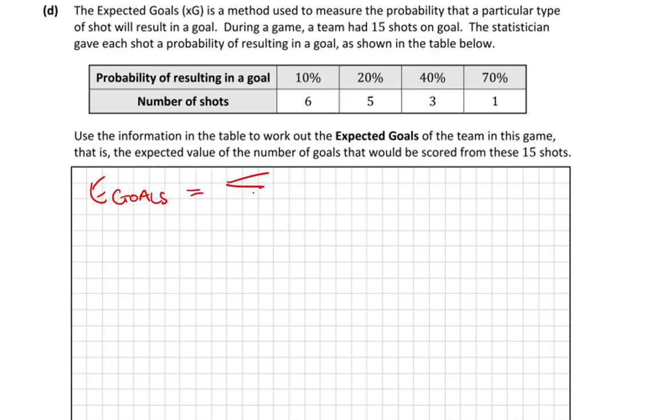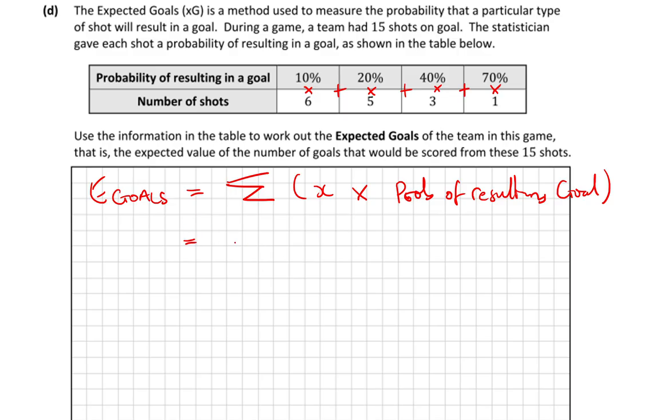What I'm going to do is get the sum of each value for the shots multiplied by the probability of a shot resulting in a goal. So, long story short, it's like finding the mean. I'm going to multiply that by that, multiply that by that, and multiply that by that. I'm going to add them all together, and there I get my answer.